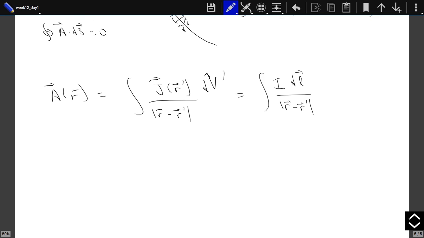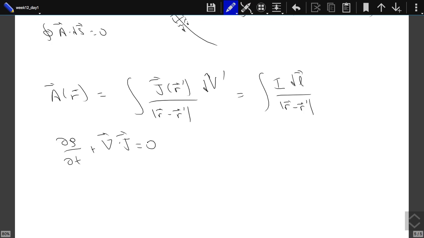Now, before continuing, there are a couple of properties of the current J that I will use. We know the continuity equation. Whether you are looking at statics or dynamic properties, this is just a statement that the total charge should be conserved.